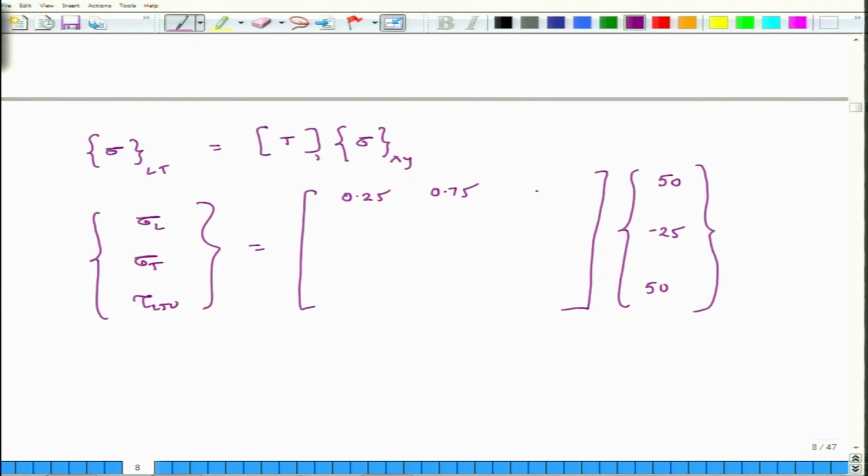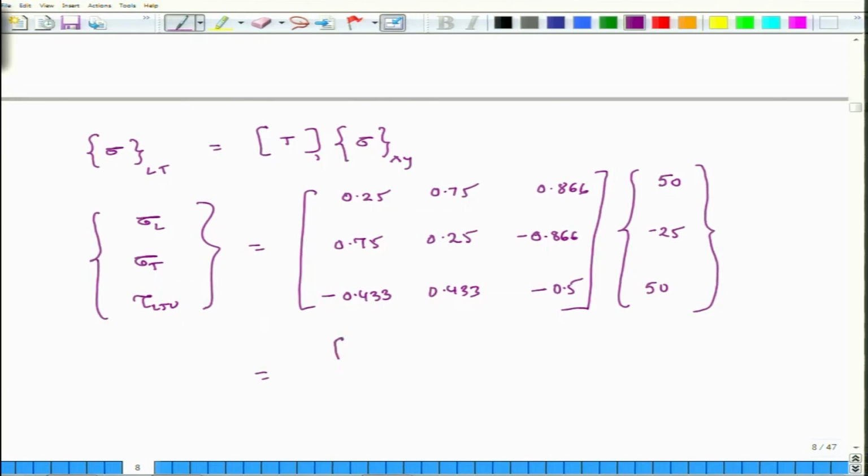The third one is what? Twice of sin theta cosine theta or sin 2 theta. So, this is 0.866. So, this is also 0.25, 0.75, this is 0.866, and this is half of that thing and negative, and this is also 0.433, and this is minus half cosine square of twice theta.